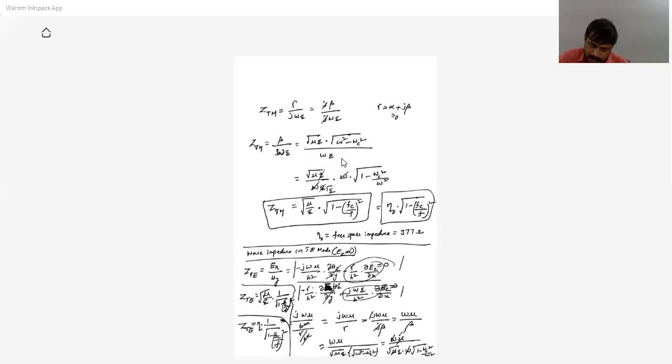This is the ZTE. The same way, ZTE into ZTM is equal to eta square.